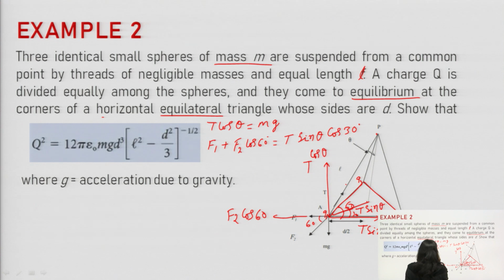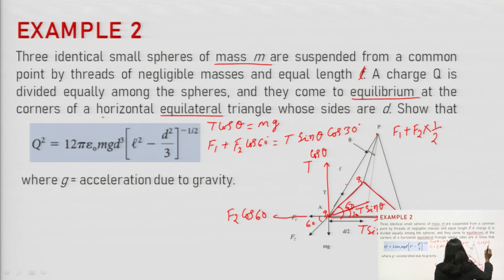We can write it as F1 plus F2 cos 60 degrees, which is equal to 1 by 2, equals mg by cos theta multiplied by sin theta cos 30 degrees, and cos 30 degrees is equal to root 3 by 2. So we will write root 3 by 2.